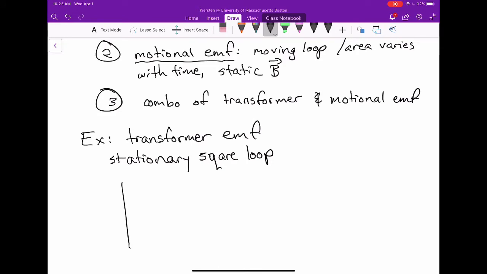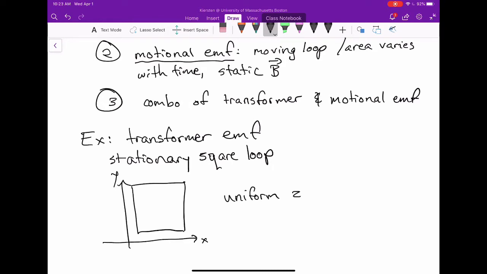And the geometry of the situation is such that the loop lies in the XY plane, and there is a uniform Z-directed magnetic field everywhere around here.